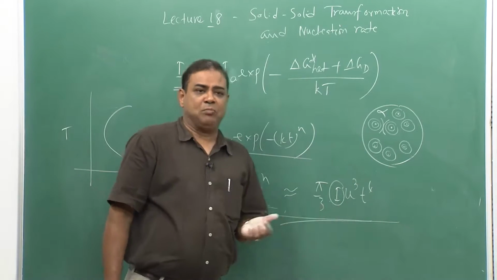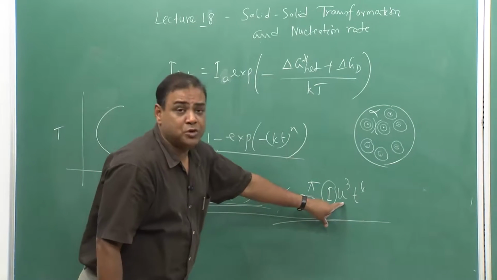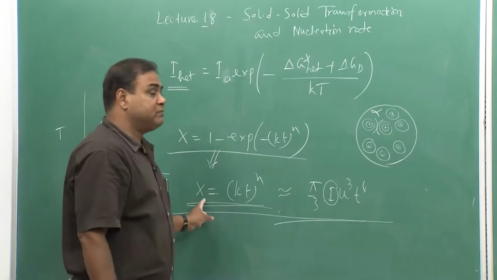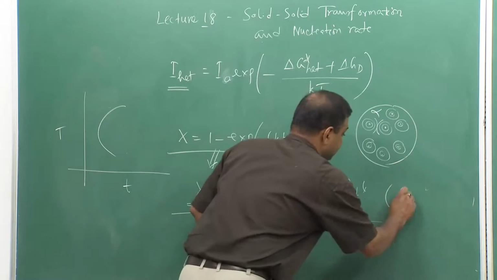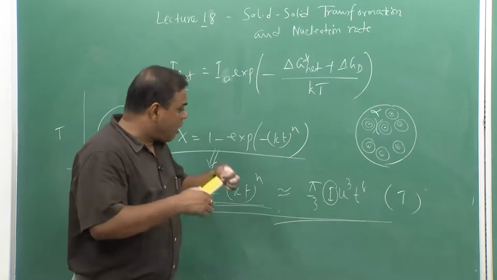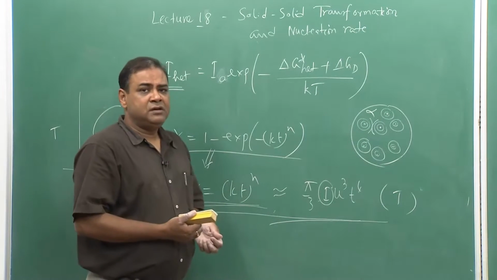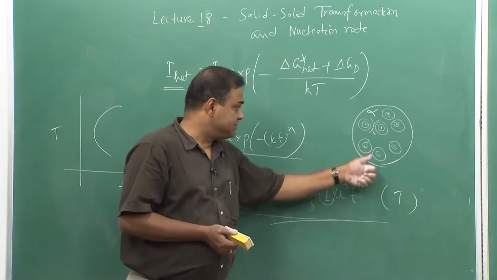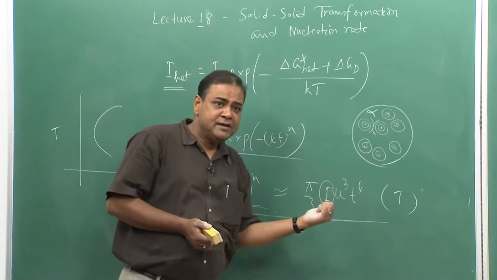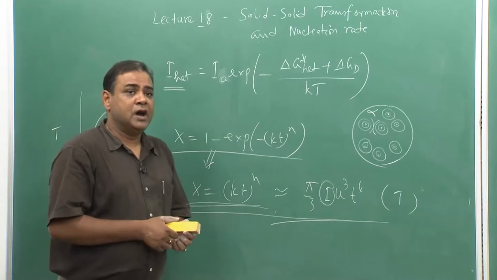U is equally important, because unless we know U, we cannot get the information of transformation as a function of time at a particular temperature T. Okay. So, our discussion will be on U, how to find the growth rate, that means when this nuclei would start growing, that information we need to understand.